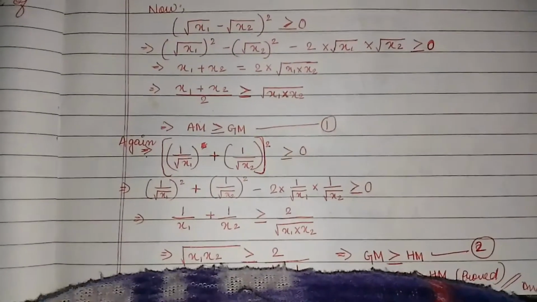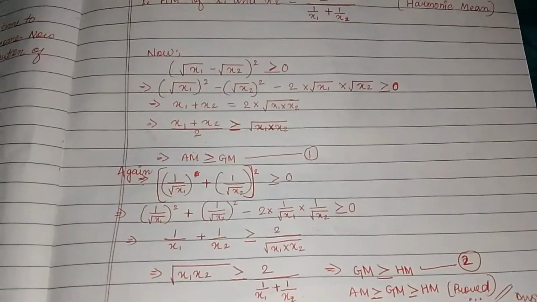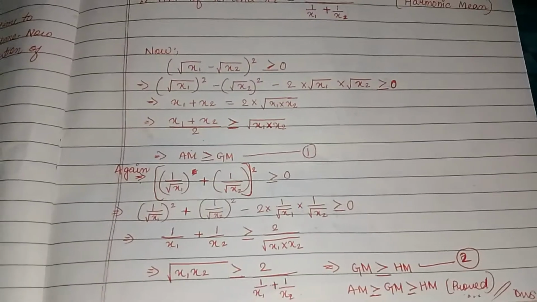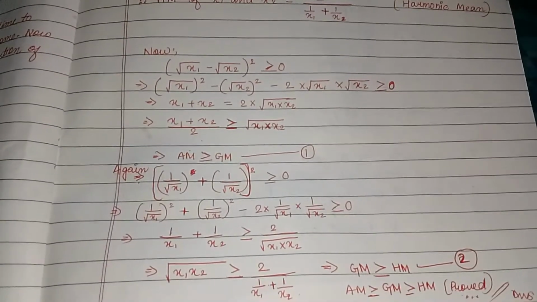Again, by comparing geometric mean and harmonic mean: (1 by root x1 plus 1 by root x2) to the whole square is greater than or equal to 0.